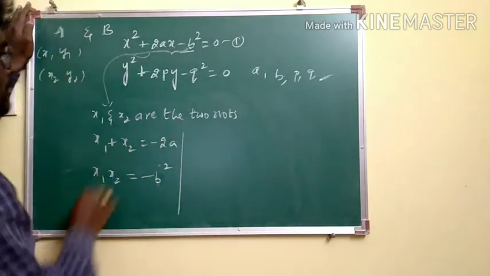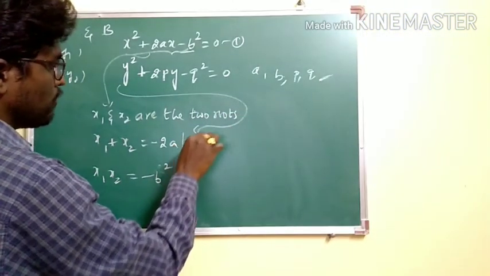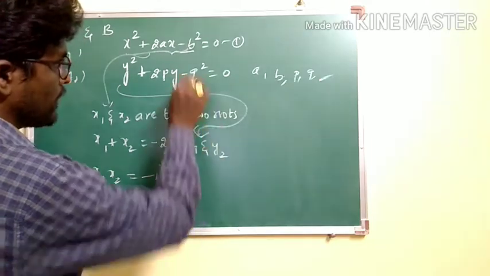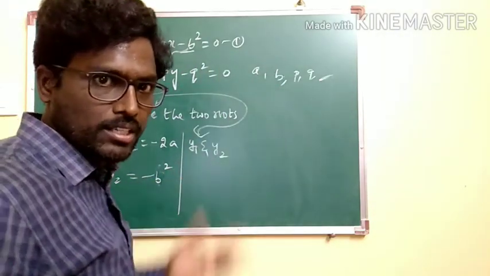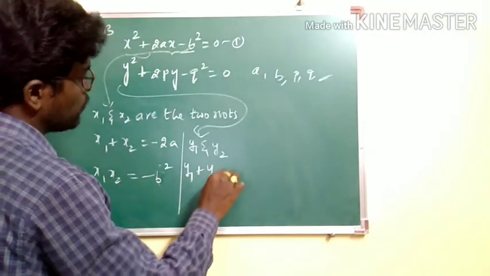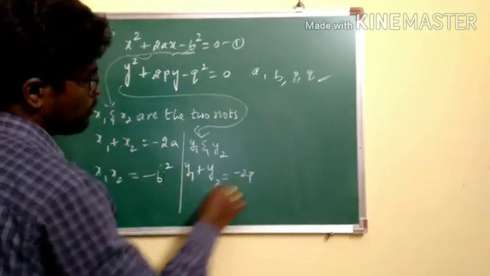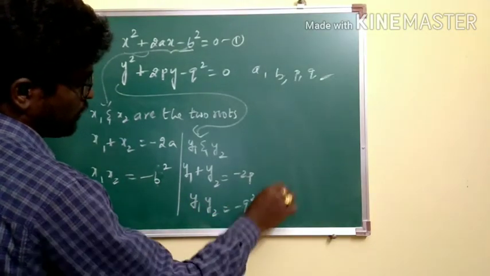Similarly, for the second equation, we will consider y1 and y2 as the roots, because this quadratic equation is in terms of y. What is the sum of those roots? y1 plus y2 is equal to minus 2p, and y1 into y2 is equal to minus q square.